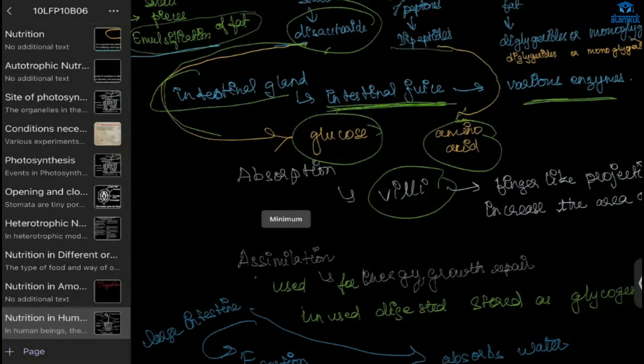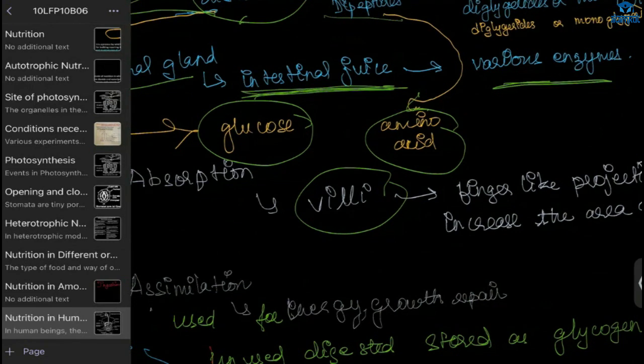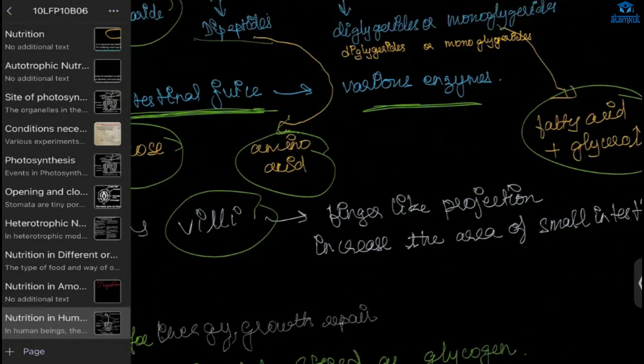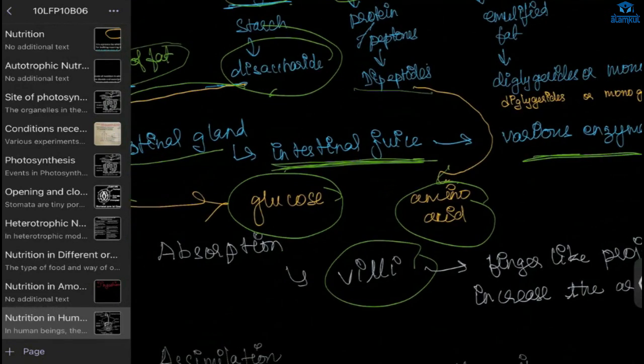Understood? And here the complete digestion will happen, because the simplest form of carbohydrate is glucose, the simplest form of protein is amino acid, and the simplest form of fat is fatty acid and glycerol. So from complex to the simplest form, everything is done here in the small intestine.